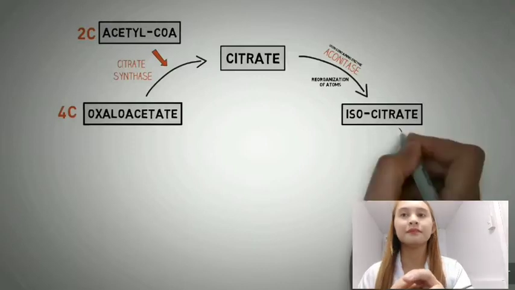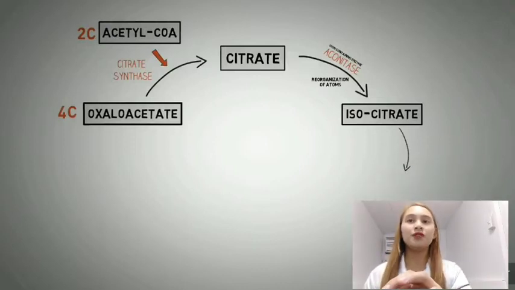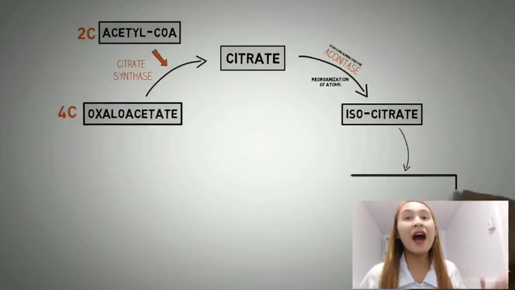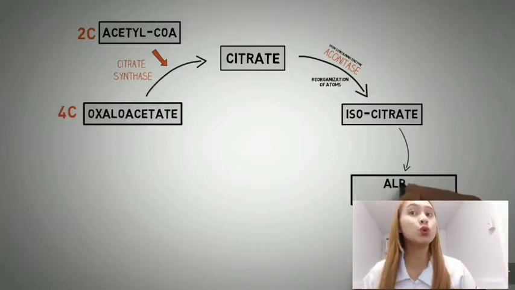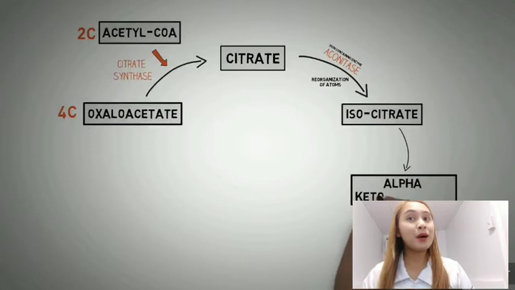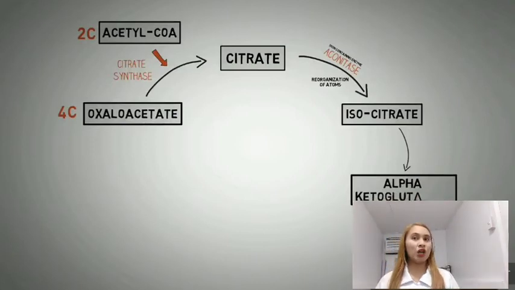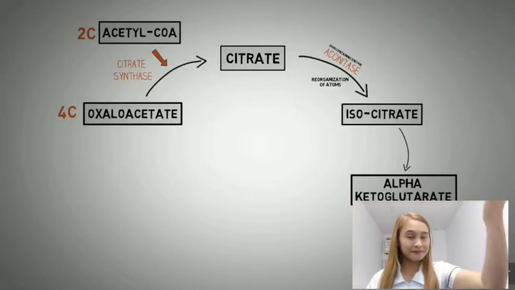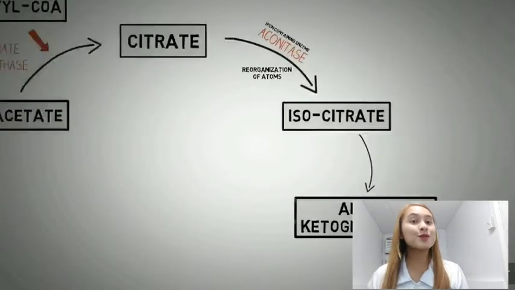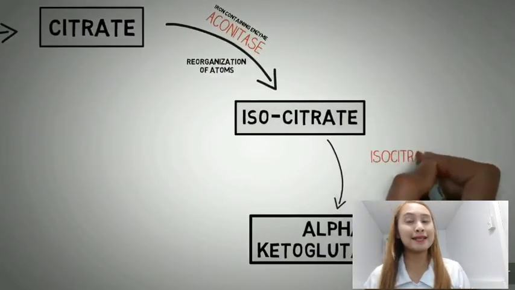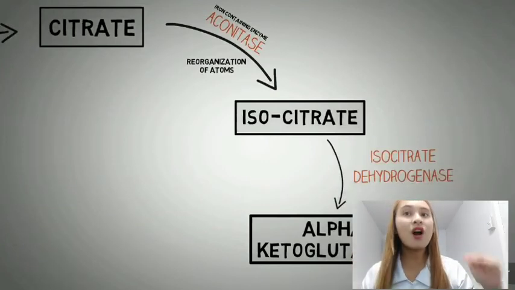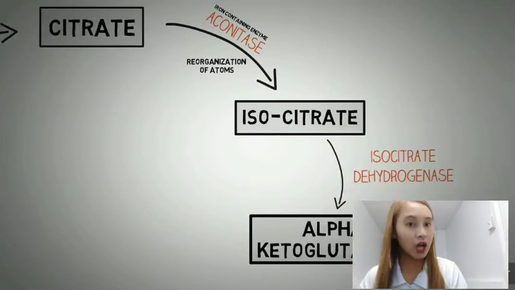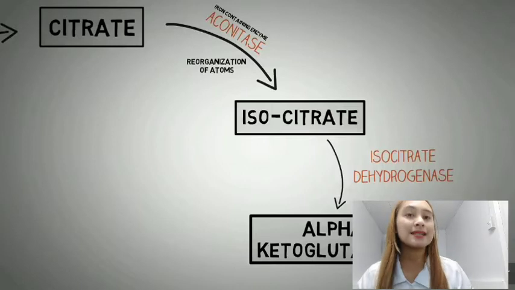Okay. So moving on to the next step, the isocitrate is converted into alpha ketoglutarate. This is made possible through the catalyzation of the enzyme called, yes, the isocitrate dehydrogenase. So this is the first of the 4 oxidation reduction reactions in the citric acid cycle.